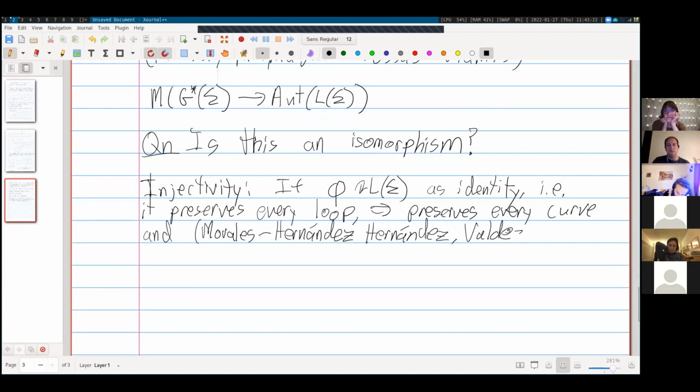This was shown, in that case, phi must be the identity. So if you fix every loop up to isotopy, you're isotopic to a homeomorphism that fixes everything pointwise. This involves a somewhat careful argument that I cannot take credit for.